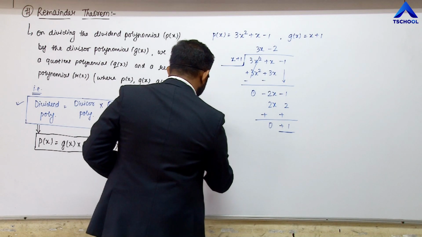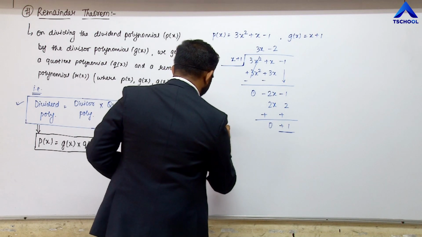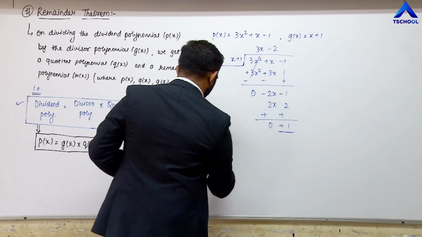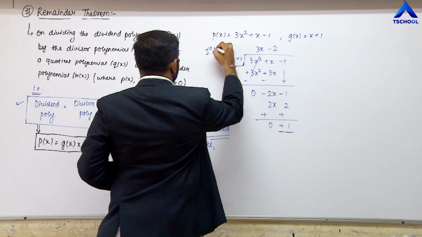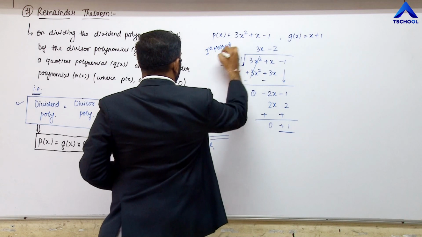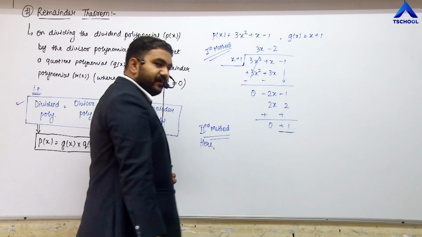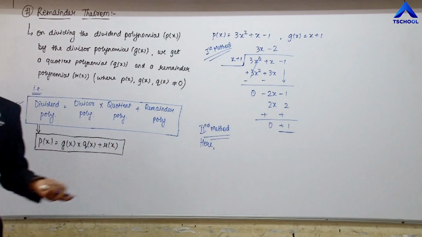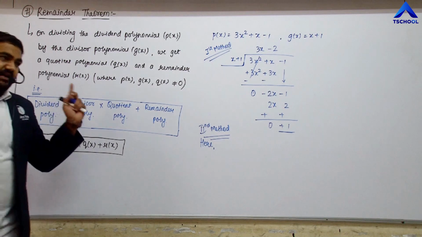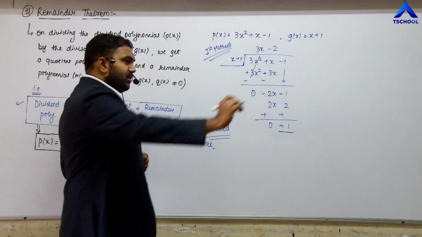This is the second method of finding the remainder. This was the first method. First method is to divide. Second method is quite an easier one, that is simply putting the values of the variables that we have discussed previously in the topics, right?